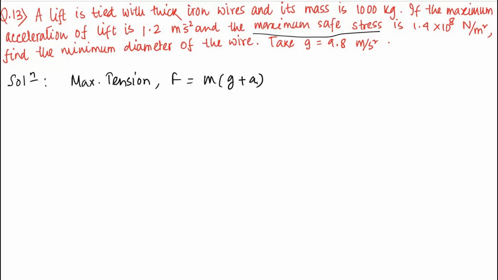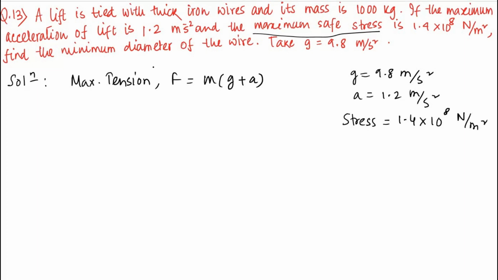Now in the given data g is 9.8 meter per second square, the acceleration is 1.2 meter per second square, and the stress is 1.4 into 10 to the power 8 Newton per meter square. Here we put the values, and mass M is 1000 kg.